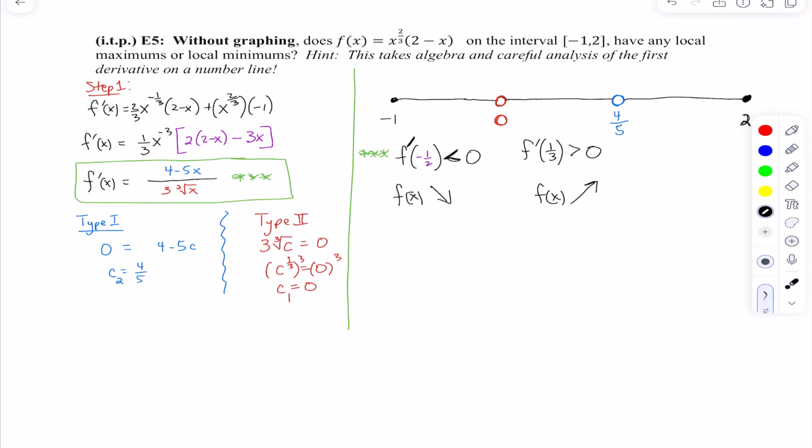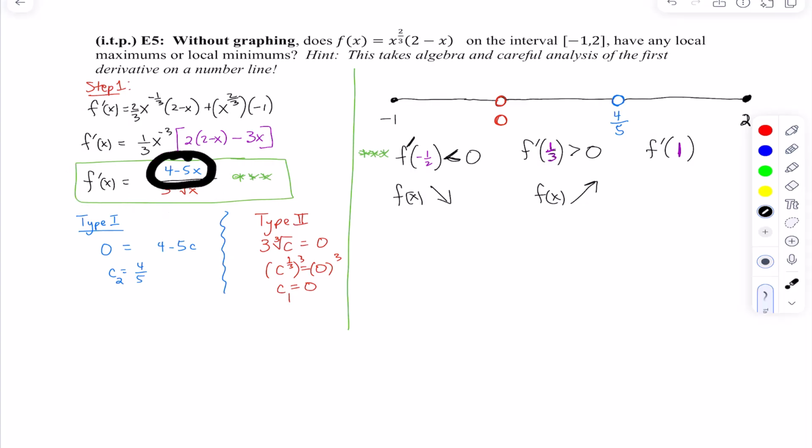One last interval to analyze using the first derivative. You need to pick a test value. I recommend that you pick something very convenient. What's a good number between 4/5 and 2? I would pick 1 here, and that is a little bit easier to evaluate. What is the first derivative evaluated at 1?